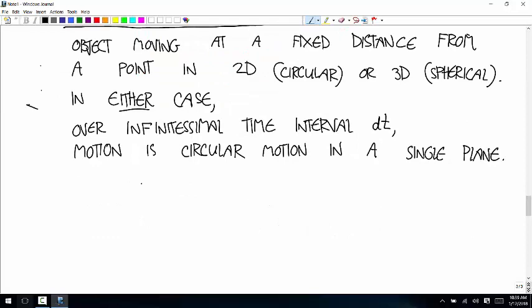And in that plane, over that interval dt, the object rotates through some infinitesimal angle change d theta.